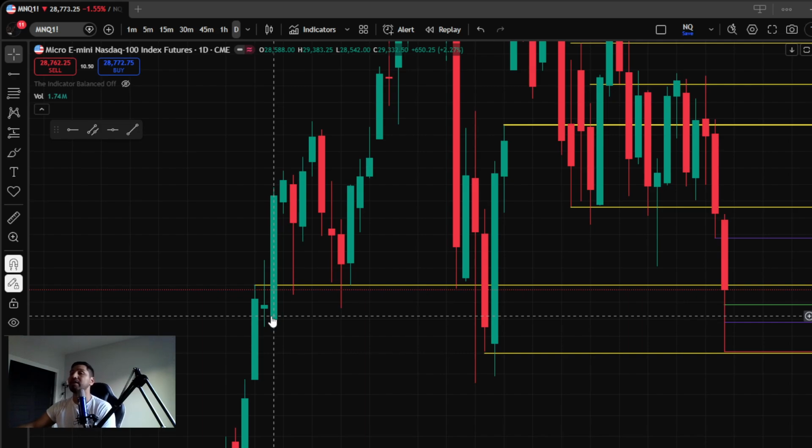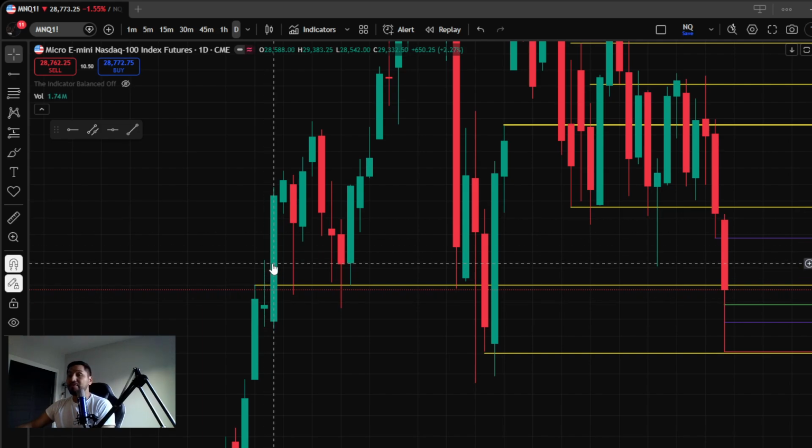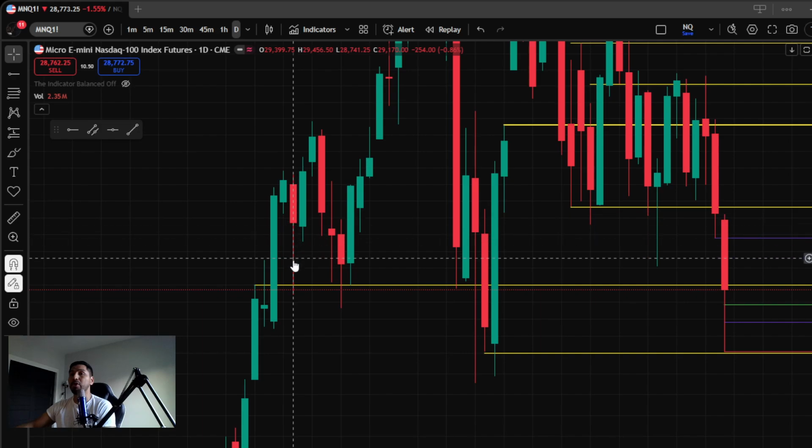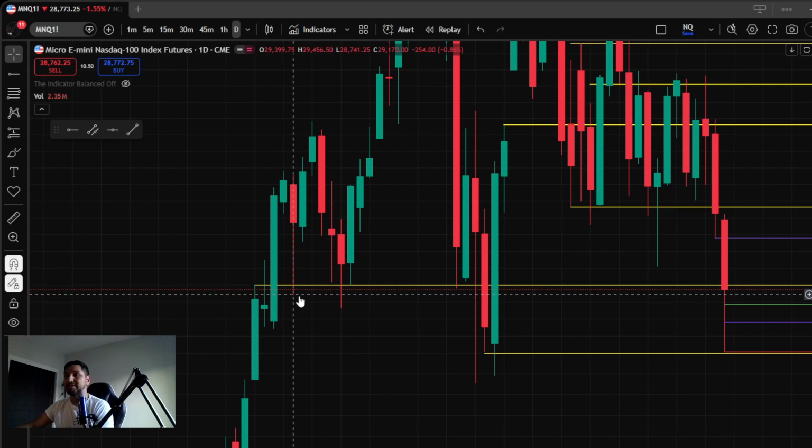Just remember that: previous resistance equals current support. So on the 8th of May, we go up, we close up here. On the 11th of May, which is Monday, we make a little bit higher high and close up, and then Tuesday, May 12th, we come all the way back down to where previous resistance was, right?